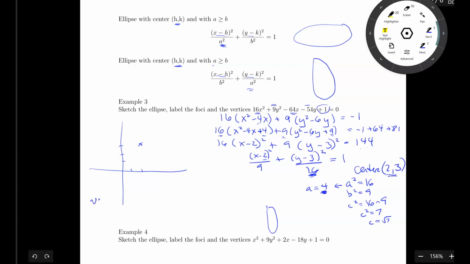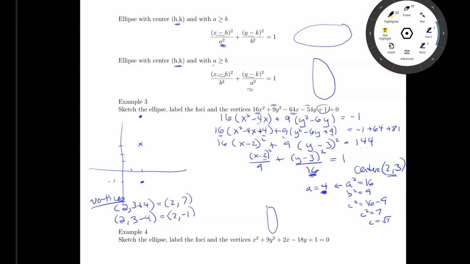So my vertices will have the x value of 2, and the y value will be 3 plus 4 and 3 minus 4. The x value of 2 stays the same, so I get 7 and negative 1. Those are the vertices: (2, negative 1) here, and (2, 7) up here.